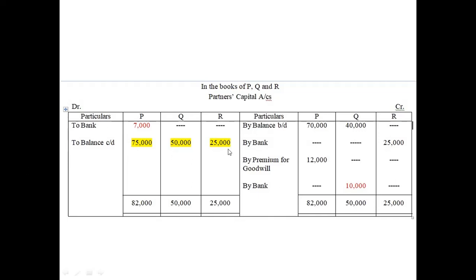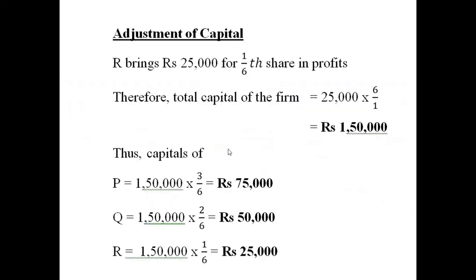and 25,000. Now the question is, from where are we getting these figures 75,000, 50,000 and 25,000? From the capital adjustment that we did in question number 73, just as it is. Here you can see that R is a new partner who is coming for 1/6 share in the business and is bringing 25,000 as his share of capital.